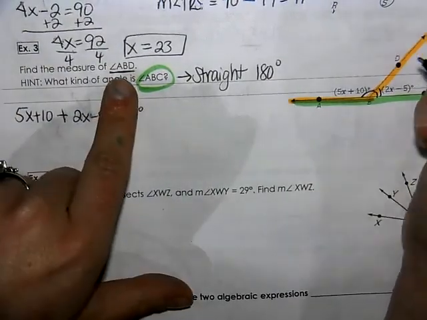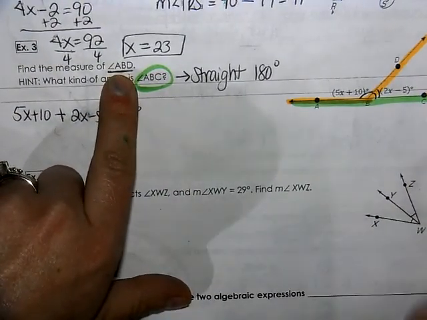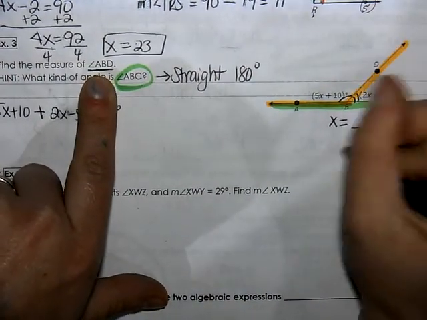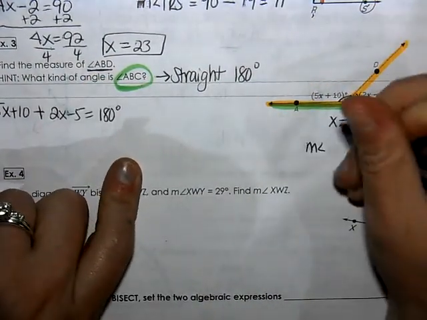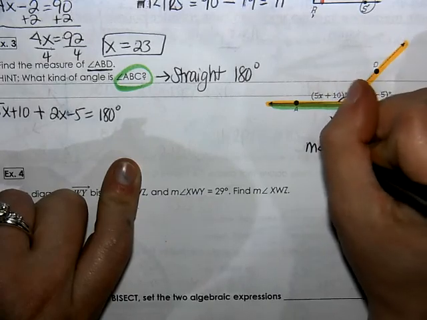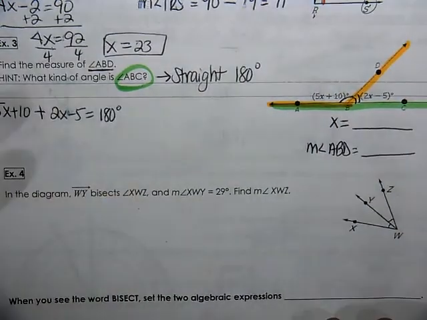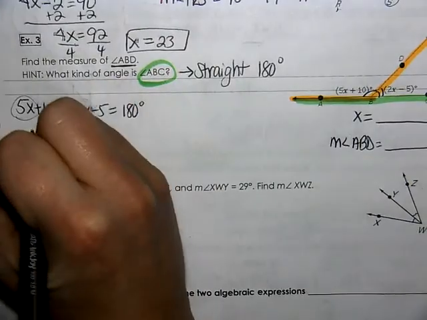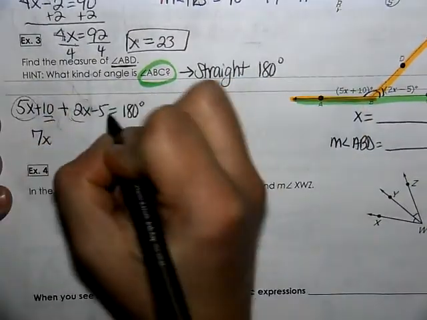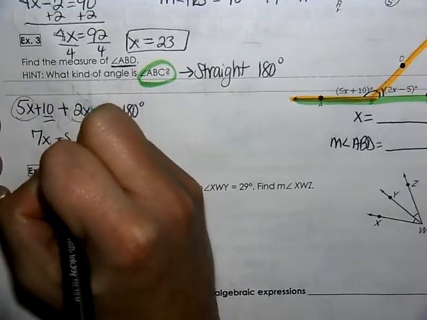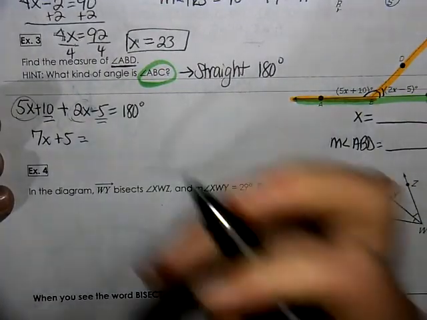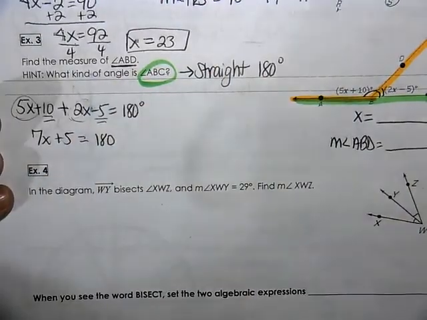In this problem, we want to just find what the measure of angle ABD is. So we simply need to find what x is equal to, and then what is the measure of angle ABD. So combining my like terms, I have 5x plus 2x, which is 7x. 10 plus negative 5, which is plus 5, equals 180.